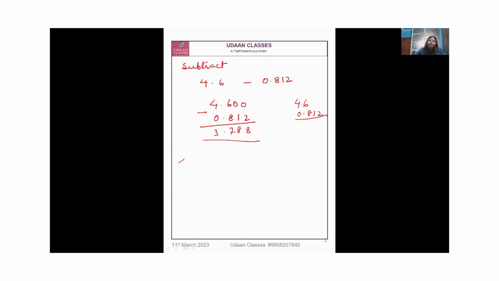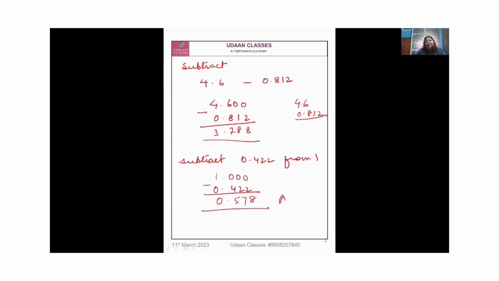Okay, if I ask you to subtract 0.422 from 1, how will you do that? Again, 1 is simply 1.000. This is 0.422. Now you subtract them. So 10 minus 2 is 8, 9 minus 2 is 7, 9 minus 4 is 5, and this is 0.